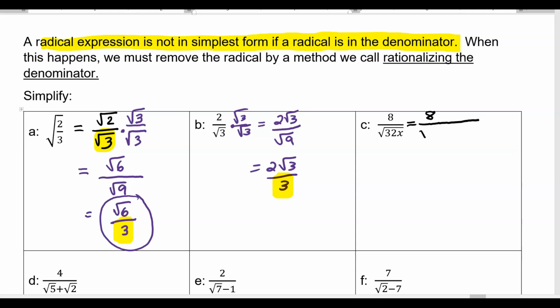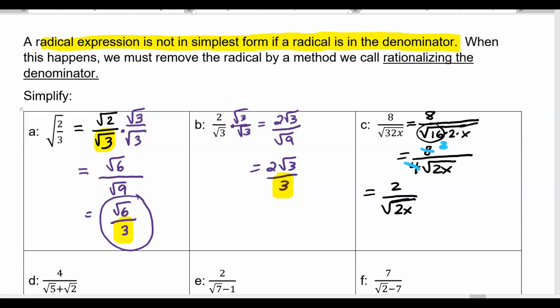So we could get that perfect square out first. 16 times 2 times x. And then the square root of 16 is 4. So we can take that 4 out. And notice that 4 can actually go into 8. So what we have is 2 over the square root of 2x.